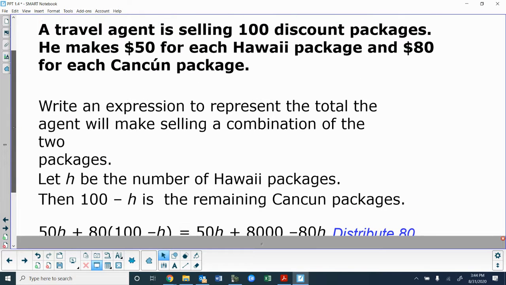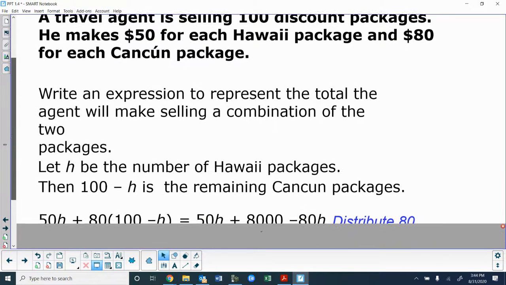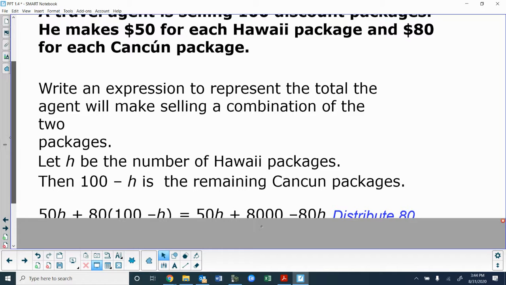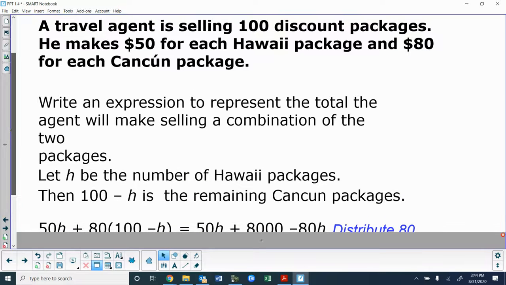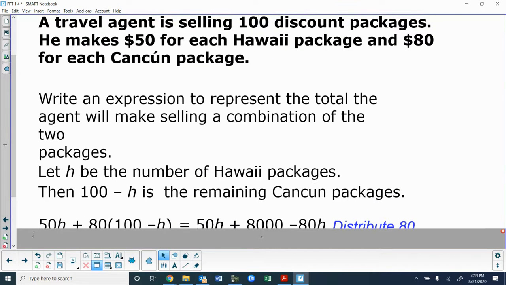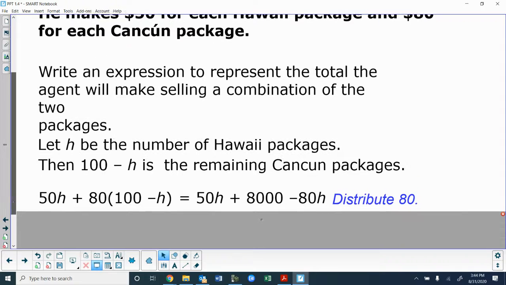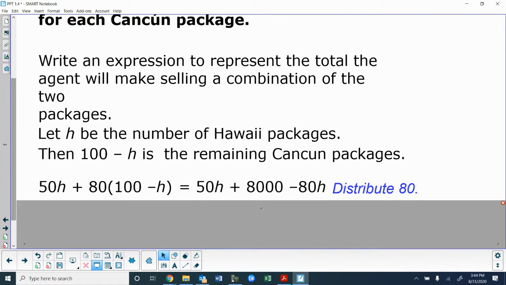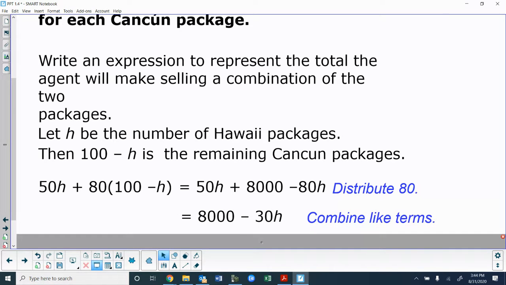All right, $50 he makes for Hawaii, so that's where the 50 times H comes from, and 80 for the Cancun, so that's where the 80 in front of the 100 minus H. Distribute the 80, you get 50H plus 8,000 minus 80H. Combine like terms, you get 8,000 minus 30H to figure out how much money he'd make.